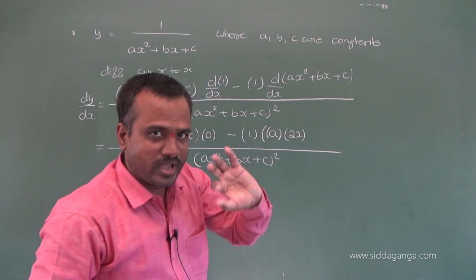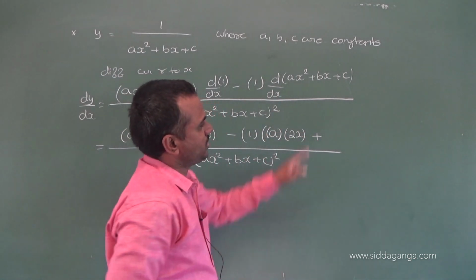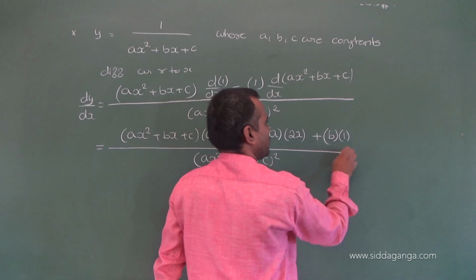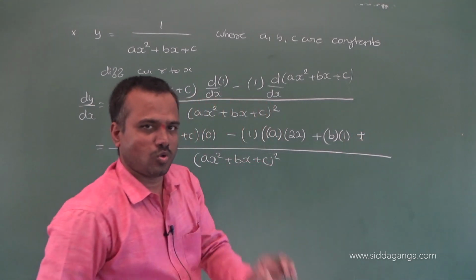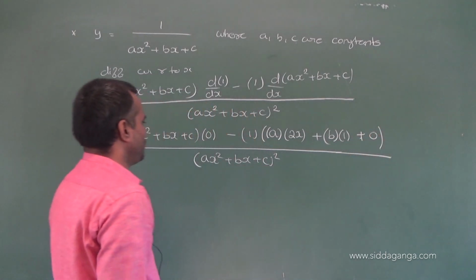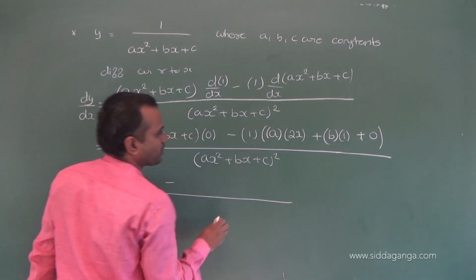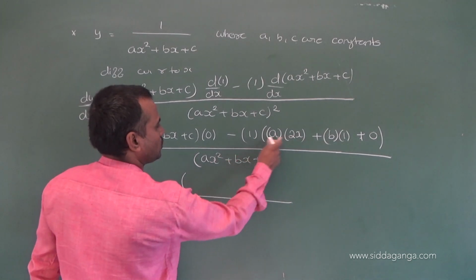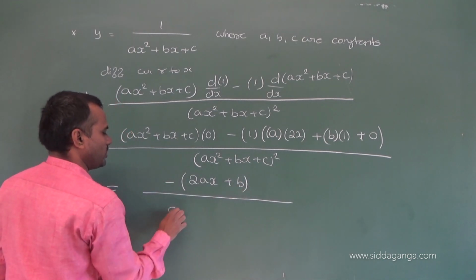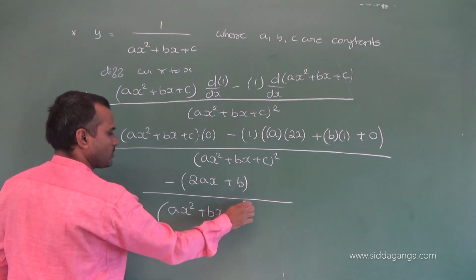It is in the form of x to the power n into x to the power n minus 1, plus constant into function, b we write as it is, derivative of x is what? 1, plus only the constant, c is a constant, derivative of constant is 0. 0 into anything is 0, so minus (2ax plus b) whole divided by (ax square plus bx plus c) whole square.